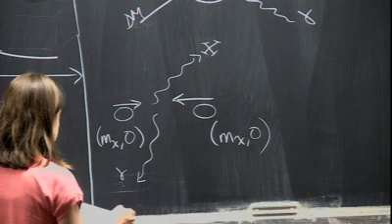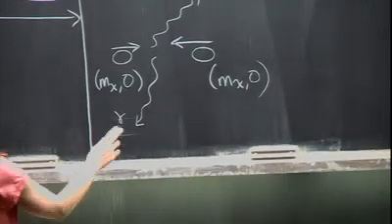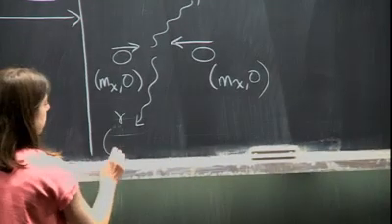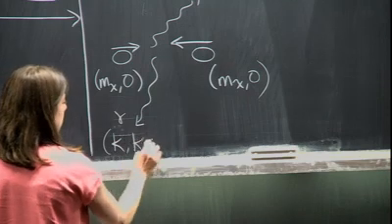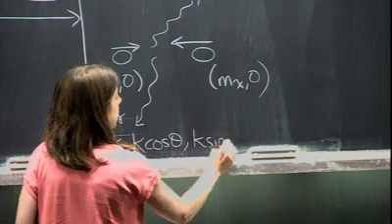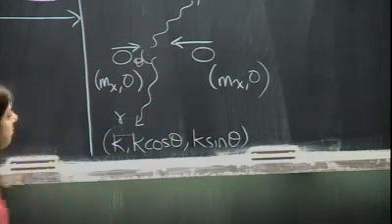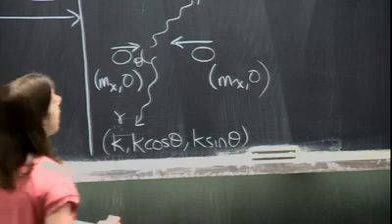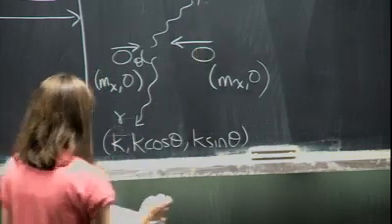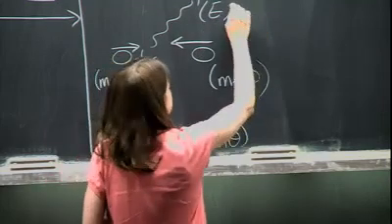So in this case, the 4 vector for the photon I can just write as k cosine theta, k sine theta, where theta is just that angle. And the 4 vector for this guy is just going to be similar. It's just going to be the energy, and then minus k.